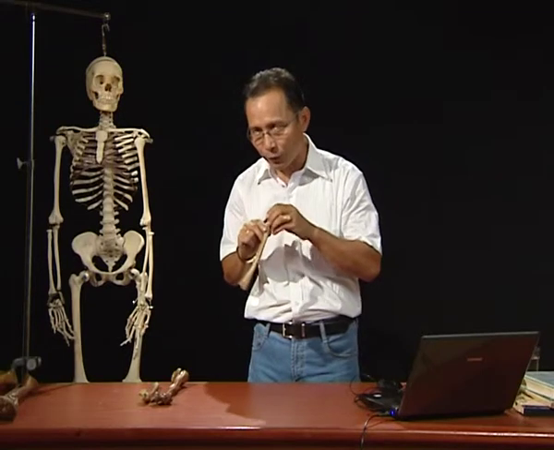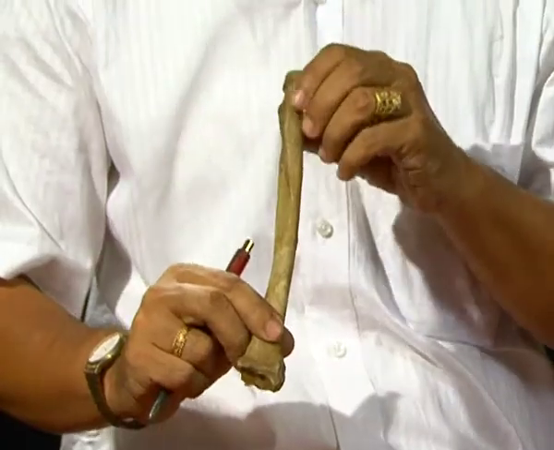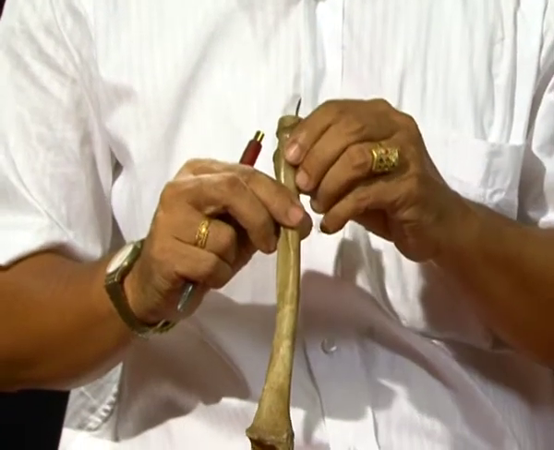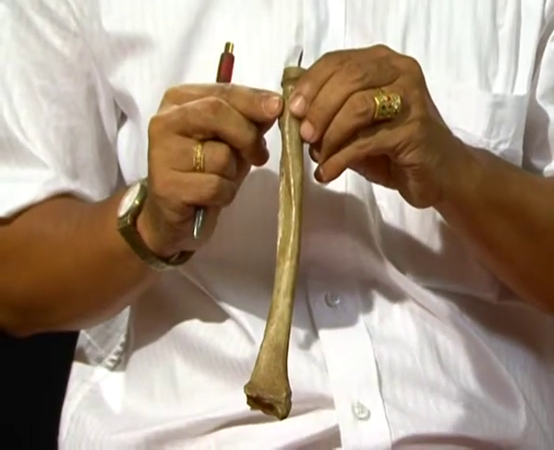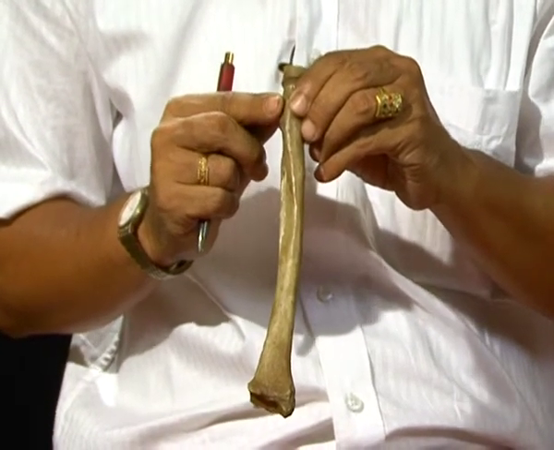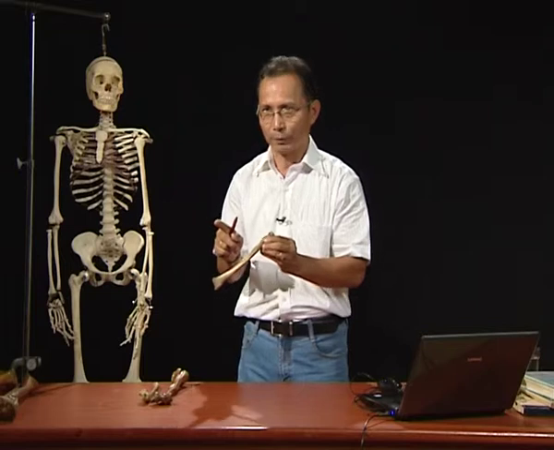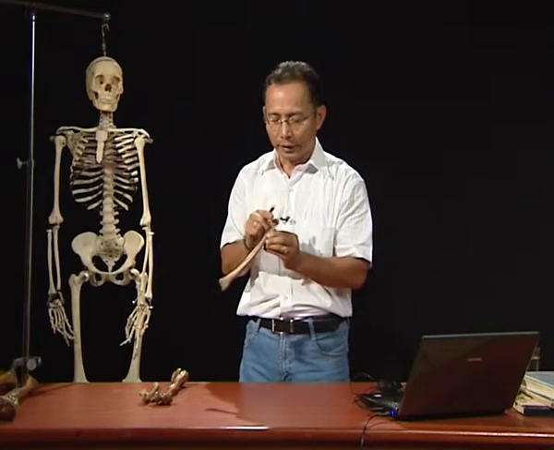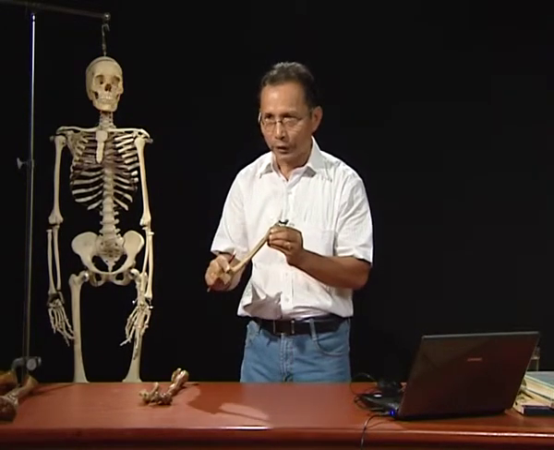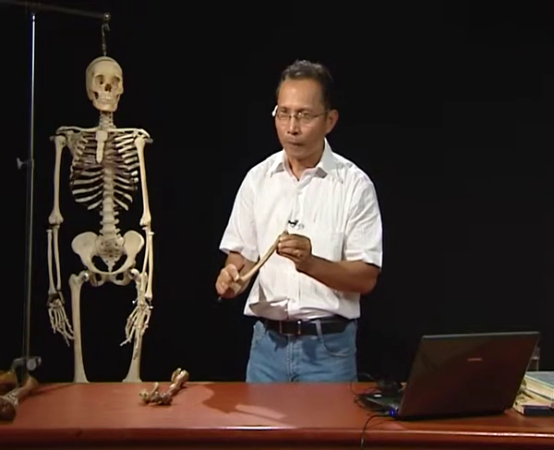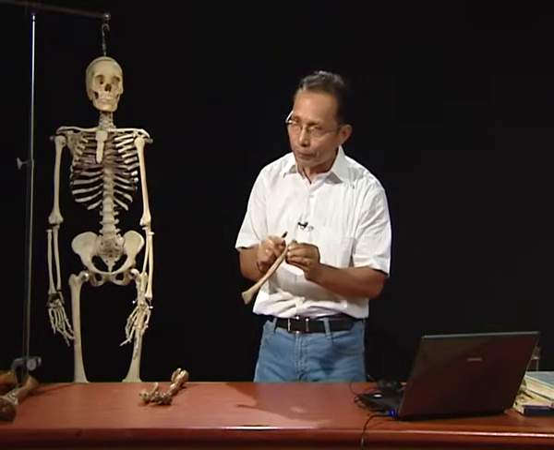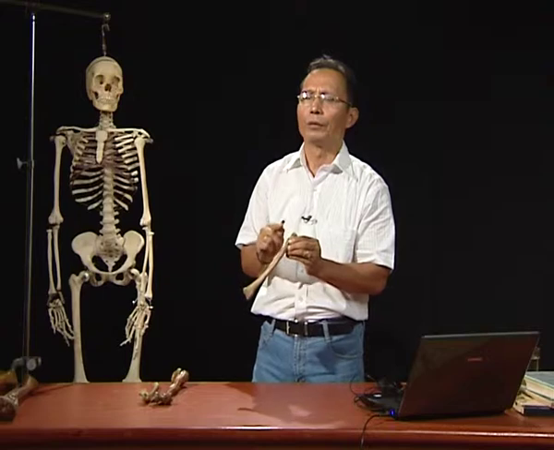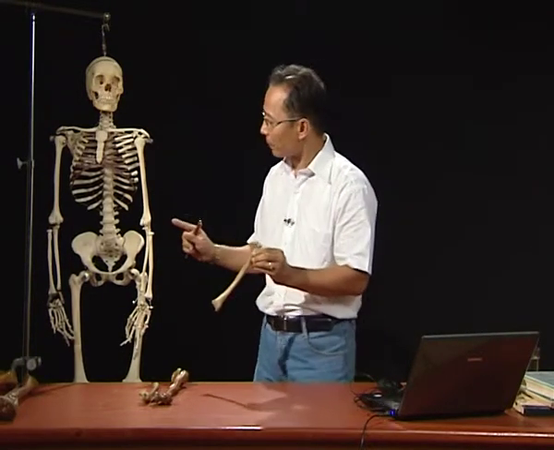Now let us come down to the shaft. In anatomical position, this radial tuberosity faces medially towards the body, and this whole bone radius is the outer bone of the forearm.